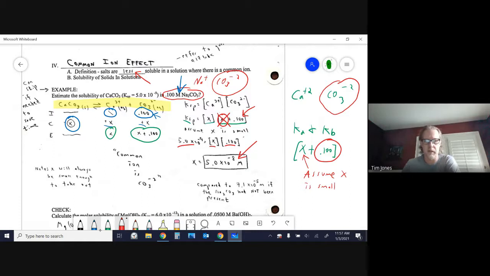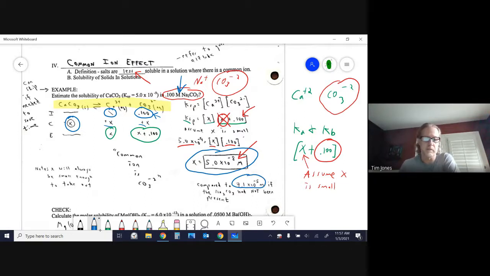You end up getting 5.0 times 10 to the negative 8 molarity, because this represents molar solubility. It's the moles of calcium carbonate that will dissolve per liter. So it should have a unit here. Now, if you do the same calculation, but you do it in pure water, you will get a molar solubility of 7.1 times 10 to the negative 5.